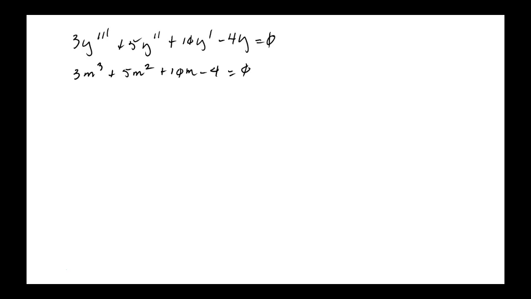Then for the second part of Descartes' rule of signs, you do minus m. So this would be minus 3m cubed plus 5m squared minus 10m minus 4. How many changes of sign do you got there? 2. Minus and plus. So you got 2 or 0 negative real roots. You may not have any, but you could have up to 2.